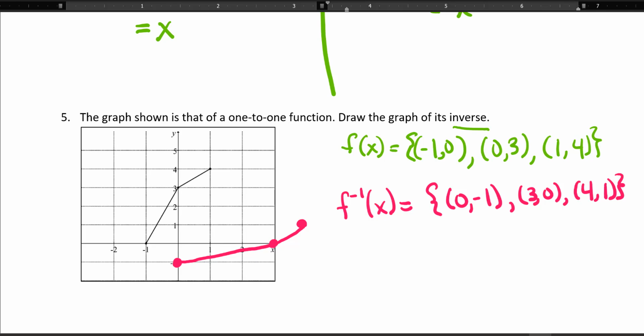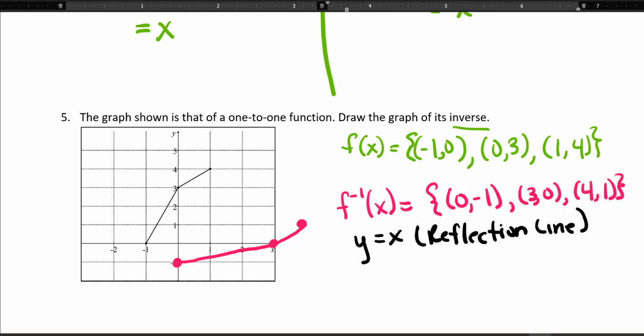Now, how do I know if these two graphs that we have here are symmetric? You have what's called the y equals x line. It is the reflection line, where whatever x is, y is the same thing. So if x is 1, y is 1. If x is 2, y is 2.